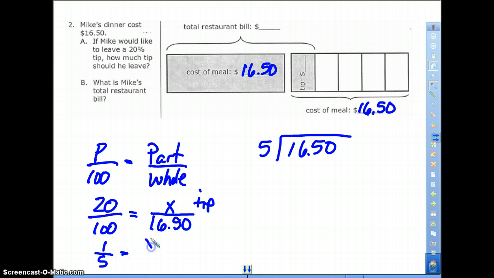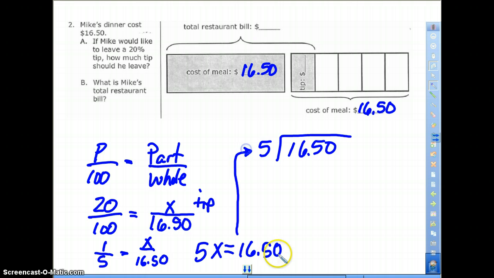1/5 equals x over 1650. If you cross multiply here and cross multiply here, you know your cross products are equal. How do you solve for x? If 5 times x is 1650, how are you going to solve for x? Yeah, you're going to take 1650 and divide by 5.